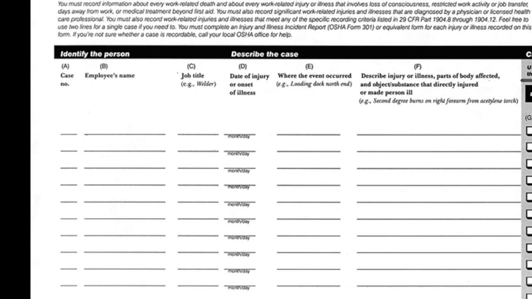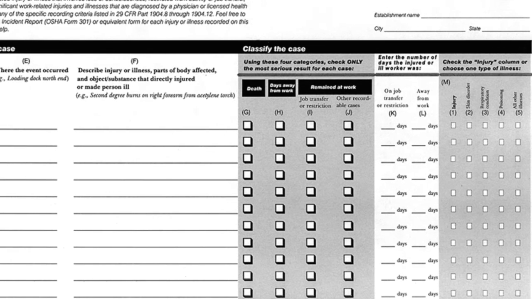So don't say your physical address. You want to be specific, wherever that site was. The loading dock is the example they give you, or the southwest corner of the warehouse. F, be as descriptive as you can with whatever the injury was.